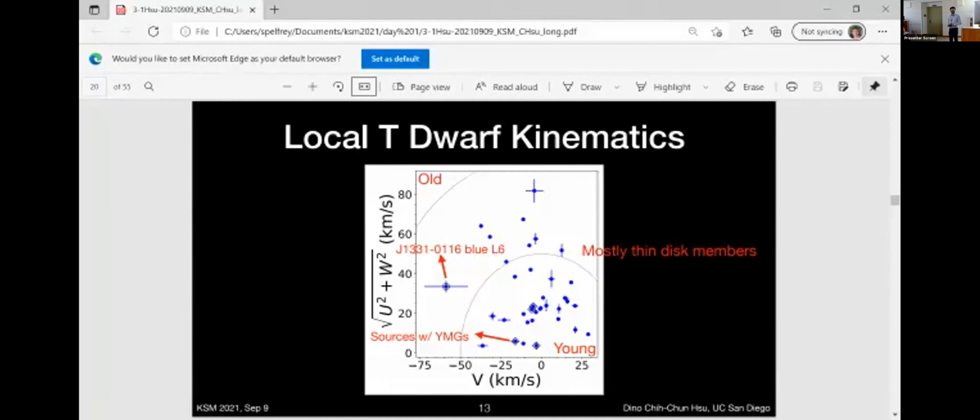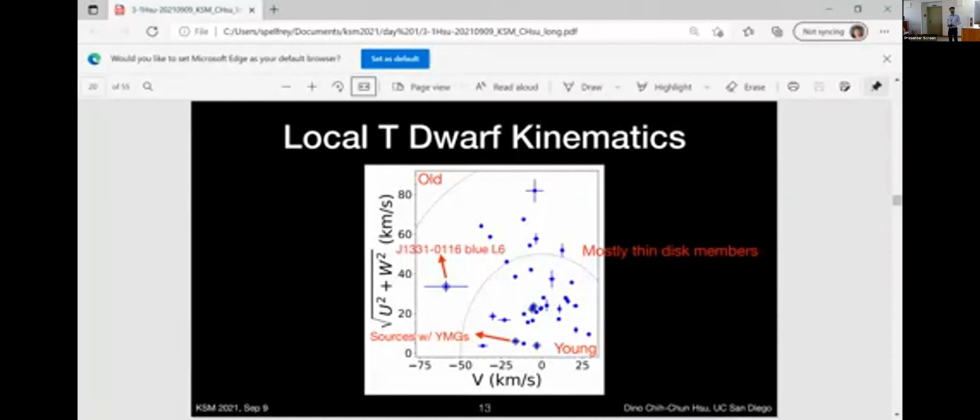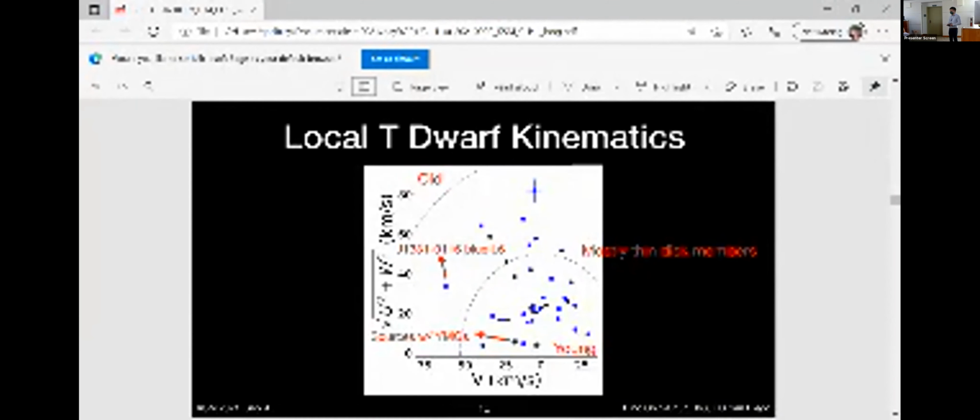This source is kinematically older, but if we exclude that source, all the rest are authentic T dwarfs. There are 4 kinematically young sources identified in the survey as well, but 2 of them are chance alignments. The kinematic age, using the empirical age-velocity dispersion relation, is about 3.5 gigayears.